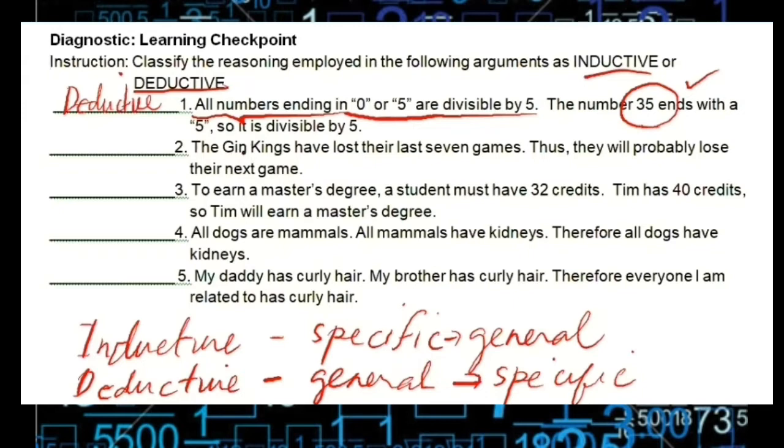Number 2. The Gin Kings have lost their last 7 games. Thus, they will probably lose their next game. So, in number 2, ang first statement, sabi daw dito, yung Hinebra daw, natalo ng 7 sunod-sunod. So, 7 losing streaks. Tapos, sabi daw dito, ina-assume niya na matatalo ulit yung Hinebra sa susunod na game sa dami ng magkakasunod na talo.